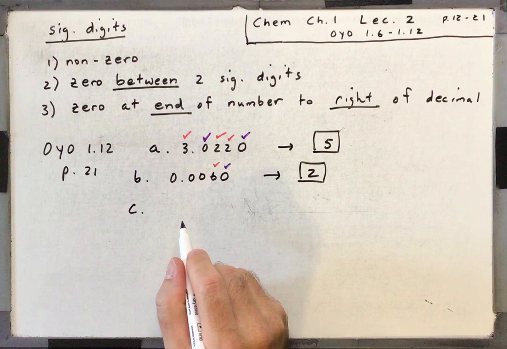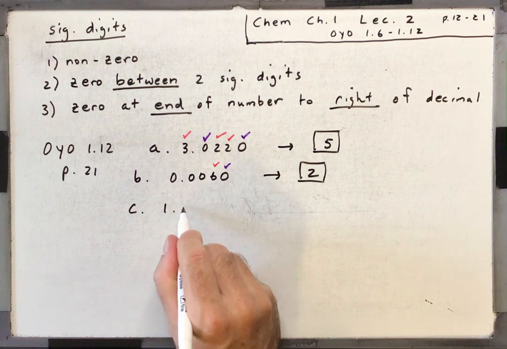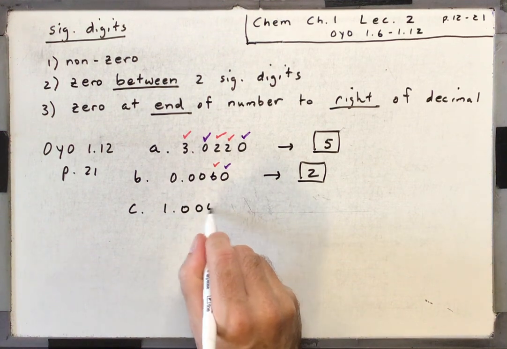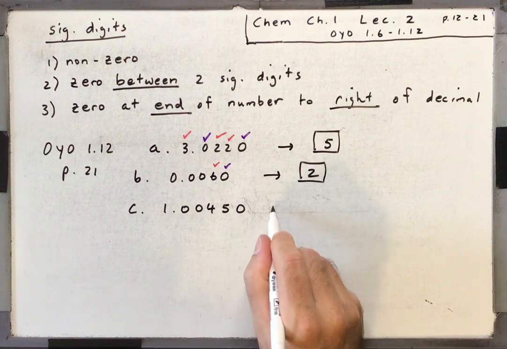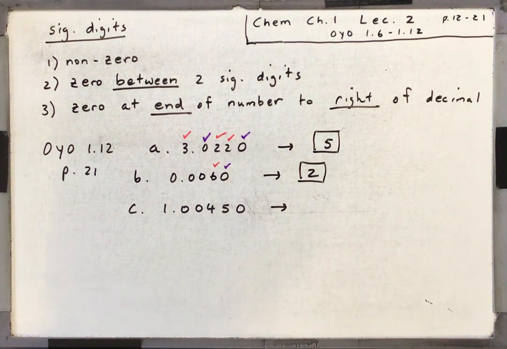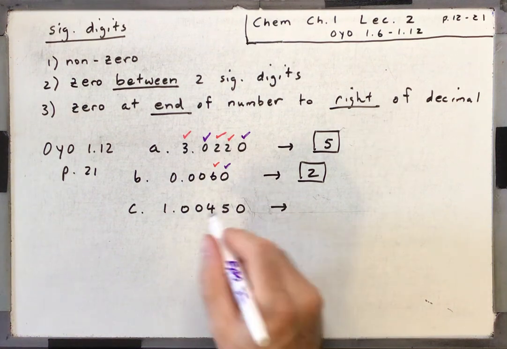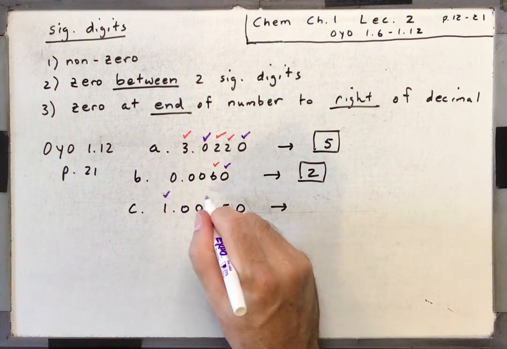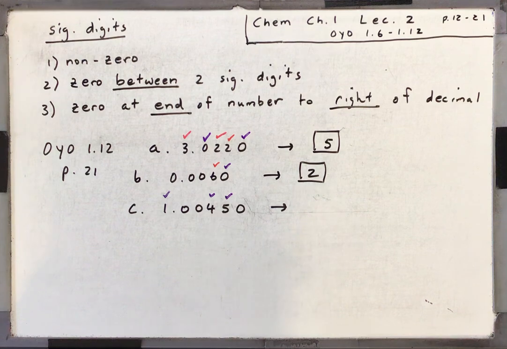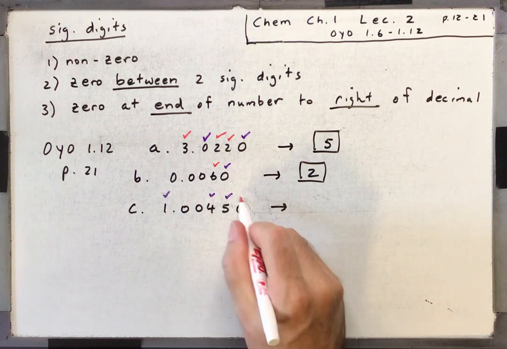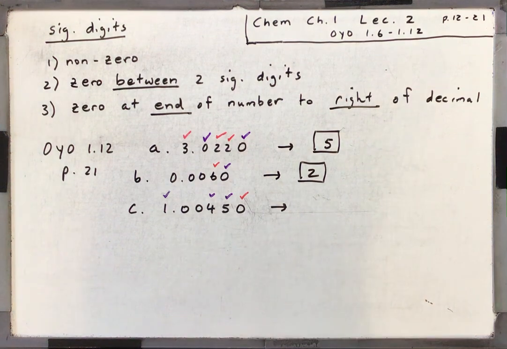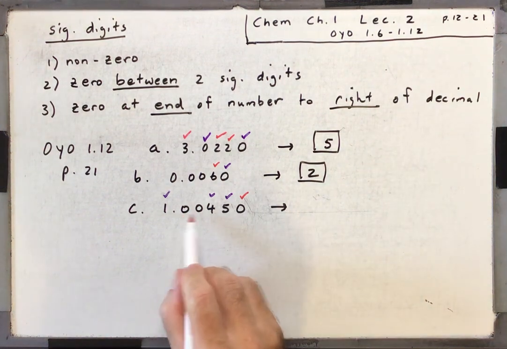All right, example C is 1.00450. So let's go ahead and get the non-zeros. We've got a 1, a 4, and a 5, so we're up to 3. We have a 0 at the end of the number to the right of the decimal, that is. Now, how about these 2 zeros?